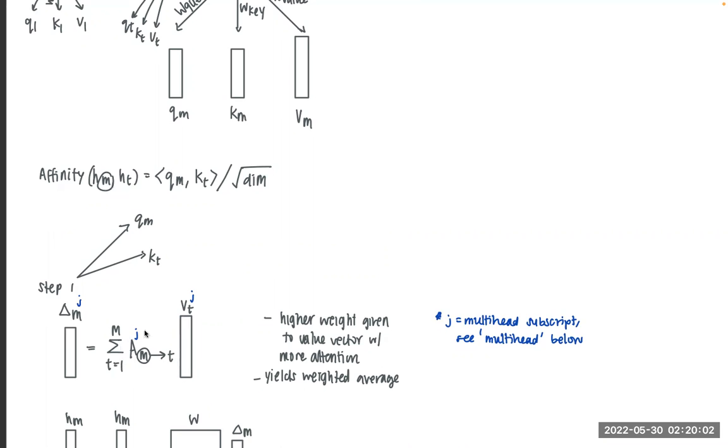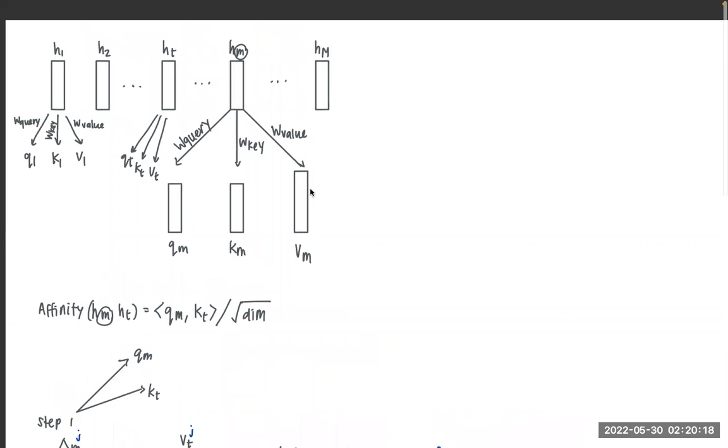But this is a weighted sum, a weighted average, from M's standpoint. So M pays attention to all the t, and then it collects the message from this VT. So it's a weighted average of VT. Each VT is extracted from this HT by this weight matrix W for value.